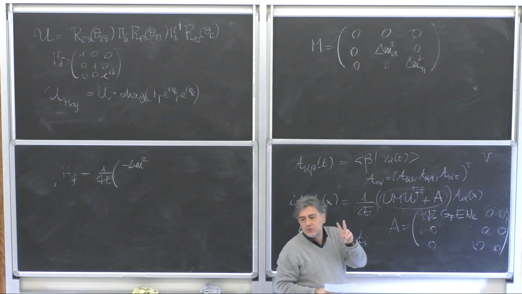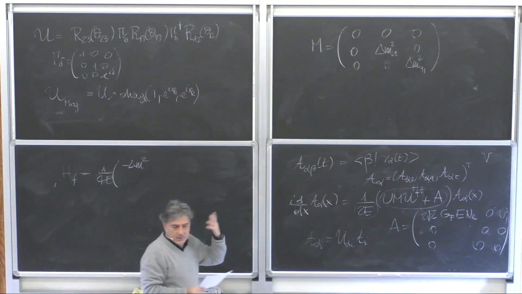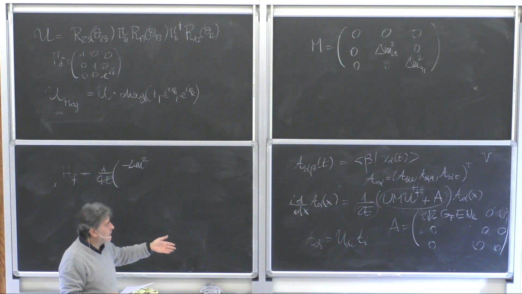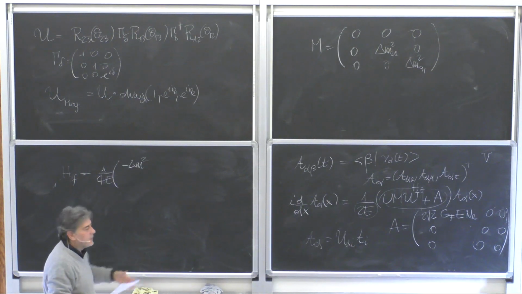Let's see what happens in 2 generations, because in 3 generations the diagonalization can be done, but formulas are very, very complicated.